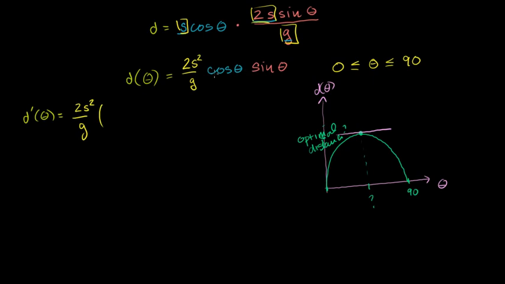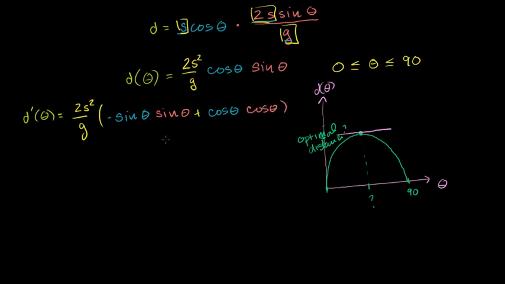So the derivative of cosine of theta is negative sine of theta, and we multiply that times the second function, so that's times sine of theta. And to that, we add the first function, which is cosine of theta, times the derivative of the second function. The derivative of sine theta is cosine of theta.